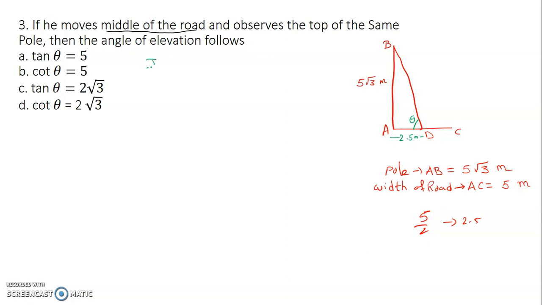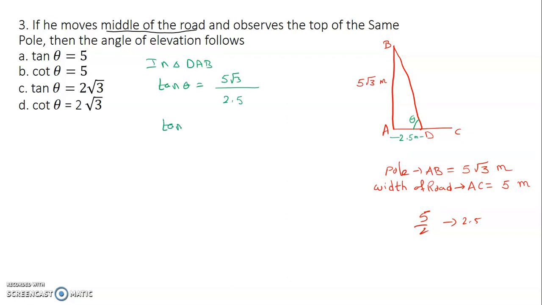So you have to take in triangle DAB, you have to go for tan theta. Tan theta means opposite side by adjacent side. So what is the theta opposite side? Theta opposite side is 5 root 3, adjacent side is 2.5.